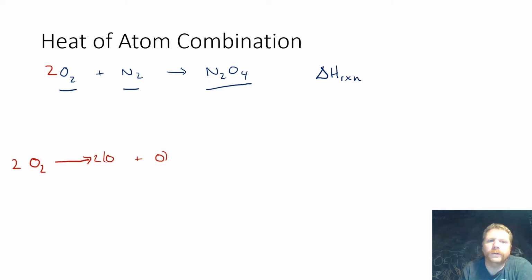Okay, N2. We're taking that and we're breaking it into N plus N. And all of these are moles, so we're taking 2 moles of O2 and breaking it into 2 moles of O plus O, and 1 mole of N2 is being broken down into 1 mole of N and 1 mole of N, and ultimately we're going to produce 1 mole of N2O4.